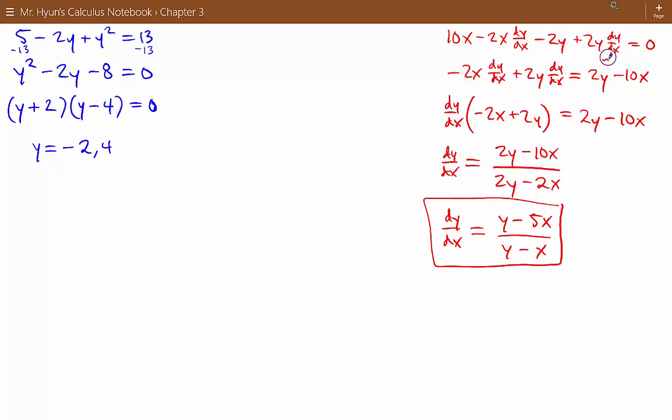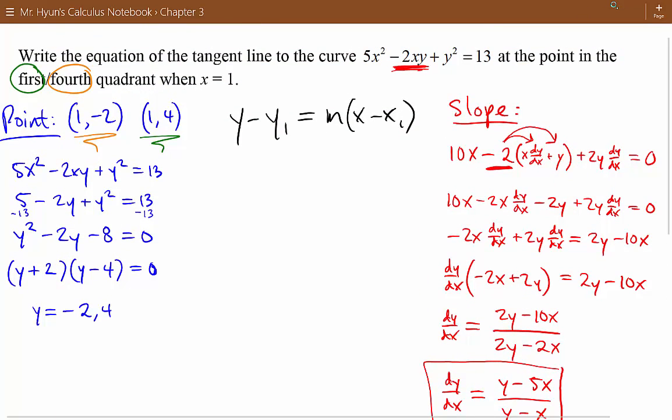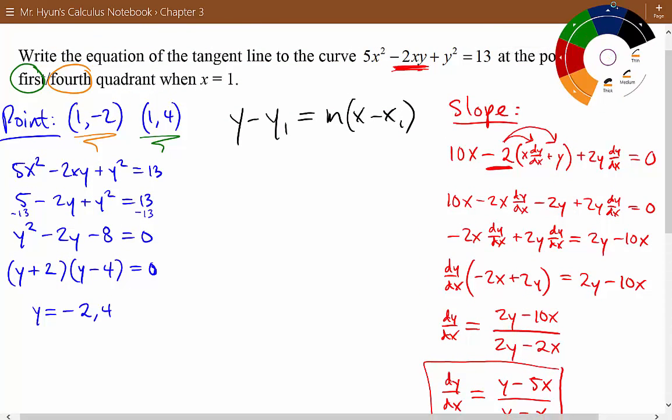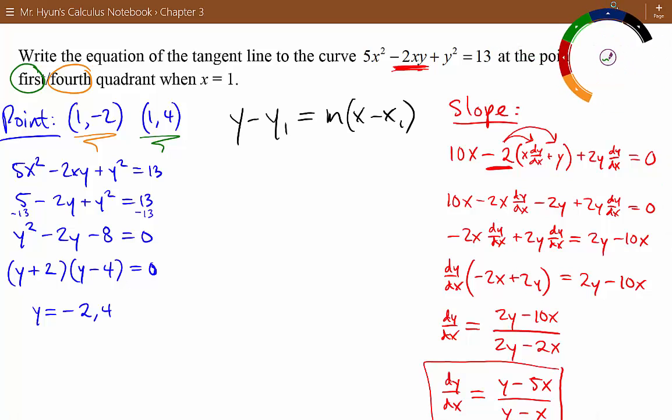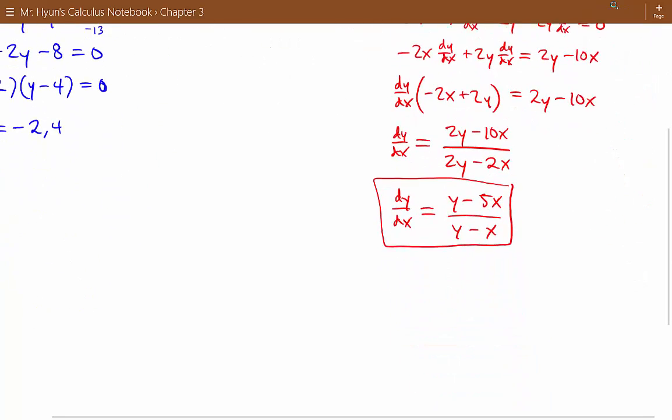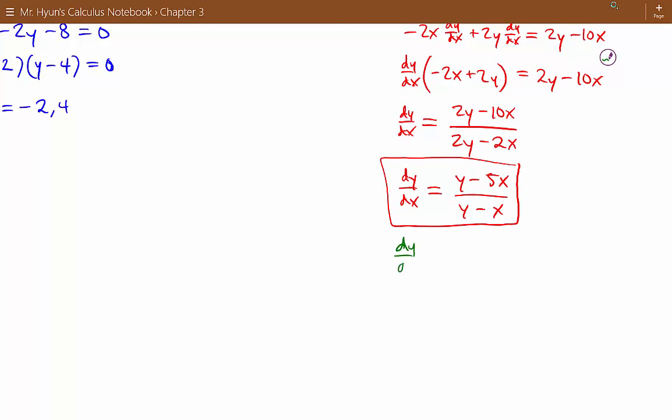Since we have 2 points to deal with, depending on what quadrant you're in, let's start with the first quadrant answer. The first quadrant gave us the point 1, 4. So let me switch over here to green. If we want to use the point 1, 4 in our equation, let's find the slope at the point 1, 4. In order to plug this in, all I'm going to do is plug in a 4 anytime I see a y, and plug in a 1 anytime I see an x, and calculate.